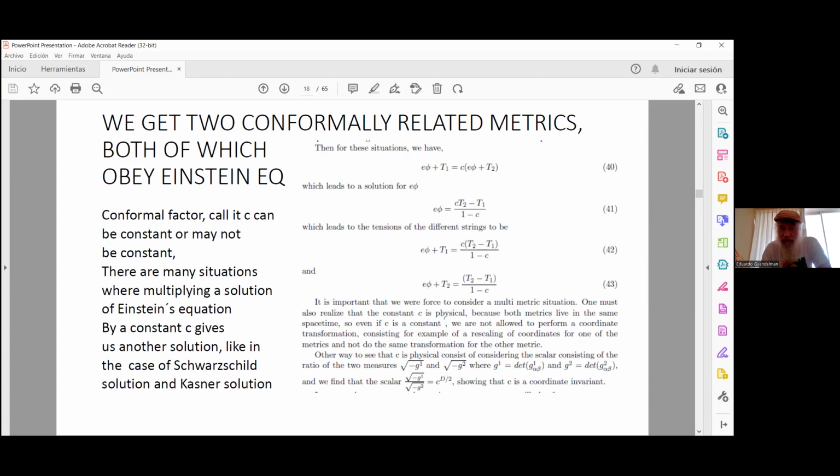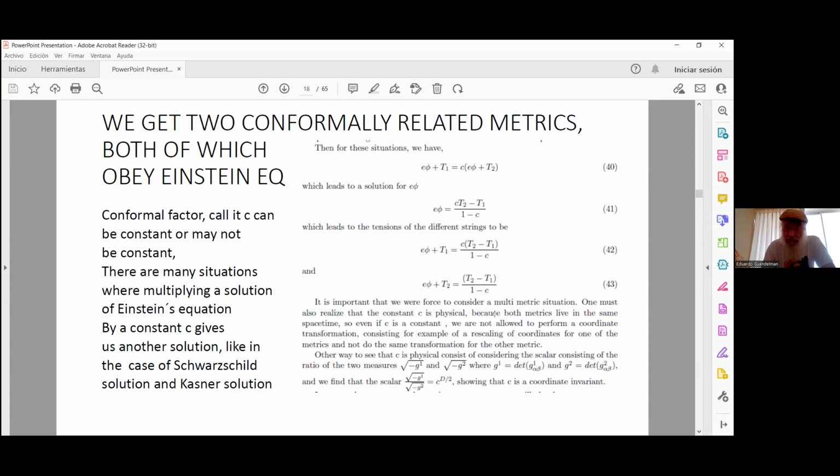This C is physical because both metrics can be, for example, both flat or whatever. But we are not allowed to bring both metrics to the Minkowski form at the same time. We cannot do that because we can only do it for one.